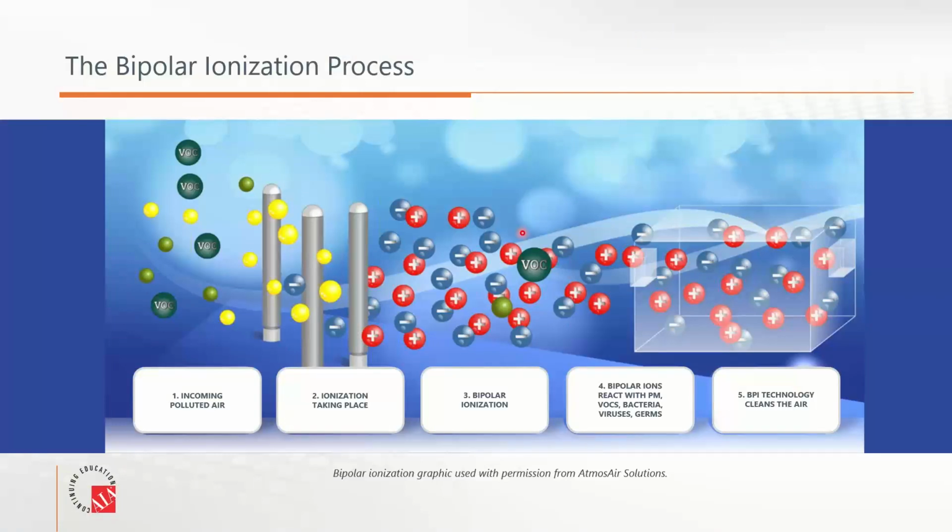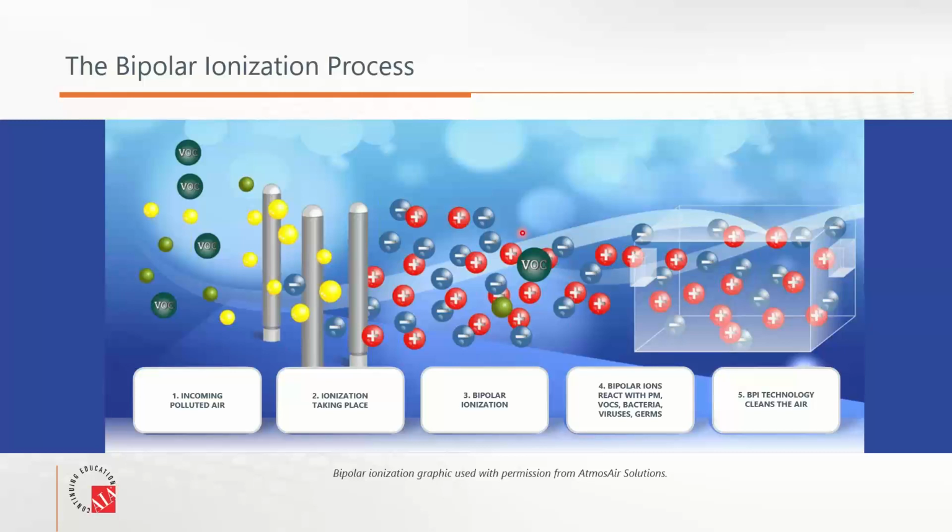Okay, I cut that video a little short because it tends to get to a little bit more marketing, and I wanted to focus on the technical. That gives you a pretty good overview of what's happening with the bipolar ionization process. Again, what we're trying to do is create in buildings what we find in nature. So we are bringing air, a combination of not just outside air but return air, across these bipolar ionization tubes.